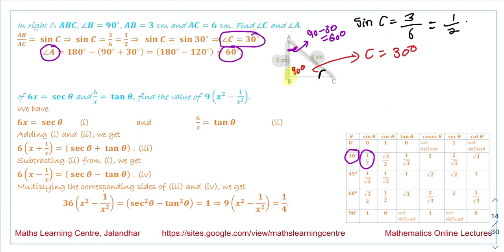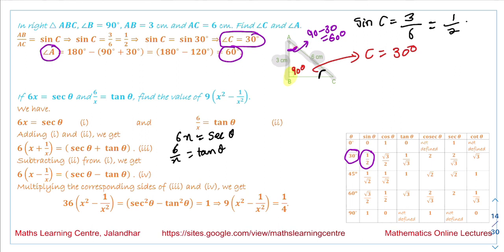Next is, if 6x is equal to secant theta and 6 by x is tan theta, we have to find the value of 9 times x square minus 1 by x square. So we have two equations over here. One is 6x is equal to secant theta and one is 6 by x is equal to tan theta.